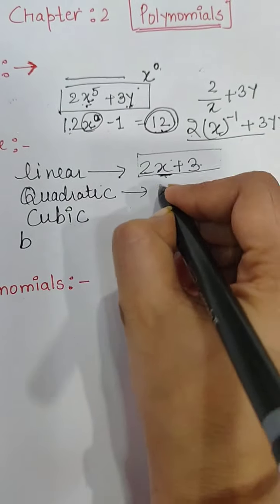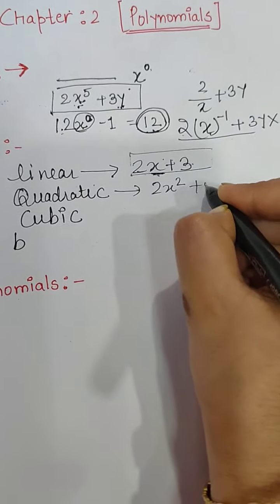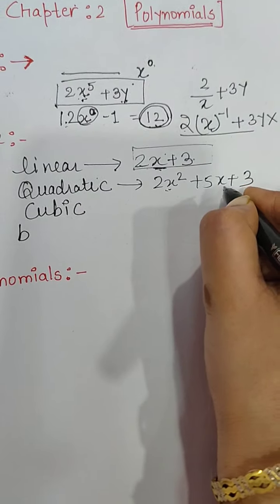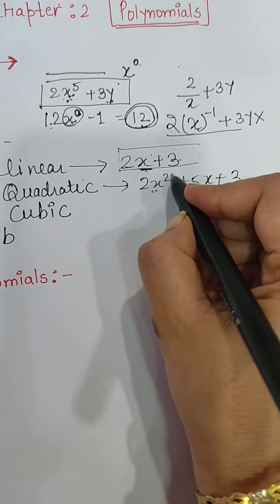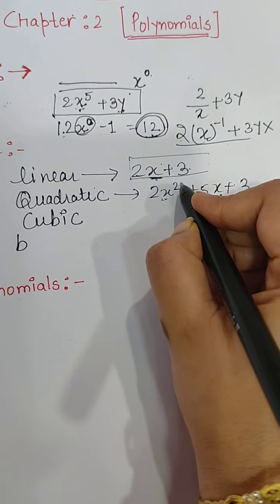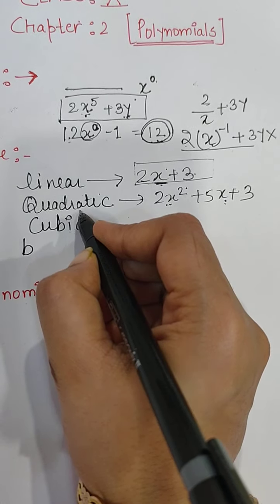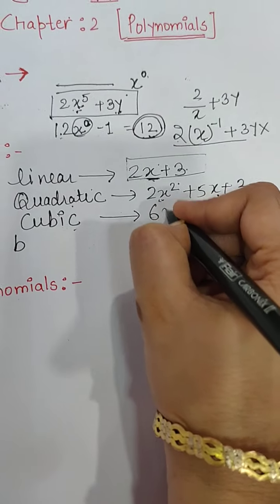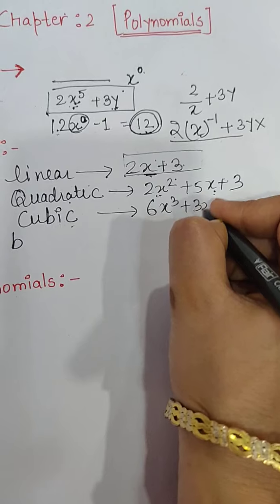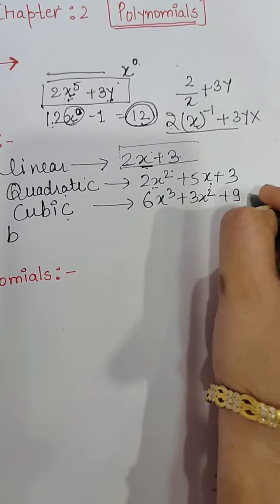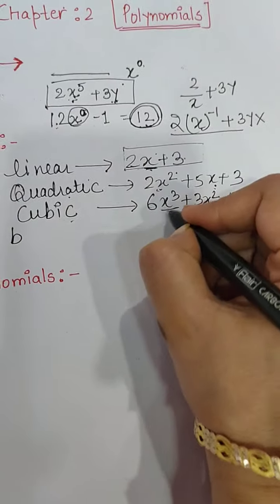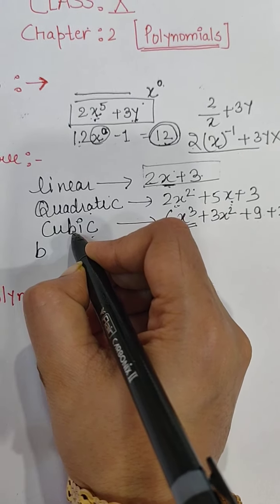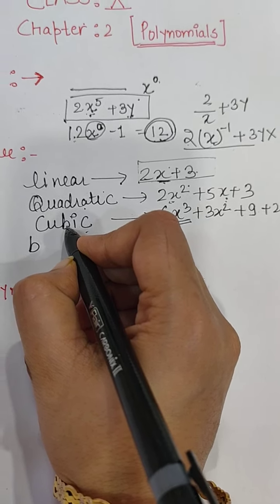Now quadratic polynomial, 2x square plus 5x plus 3. There are 2 terms with the variable in this expression, but the highest degree of this polynomial is 2. So this one is a quadratic polynomial. Cubic polynomial, when we have highest degree as 3, 6x cube plus 3x square plus 9 plus 2x. So the highest degree of the polynomial is 3. So that's why this one is a cubic polynomial.